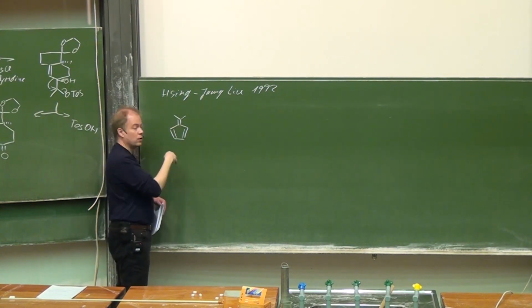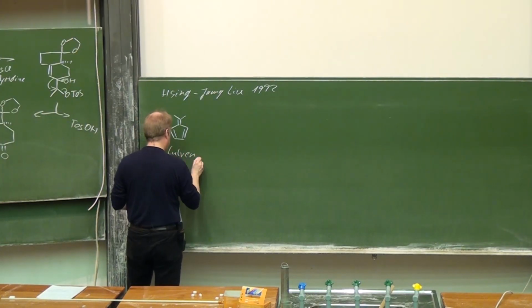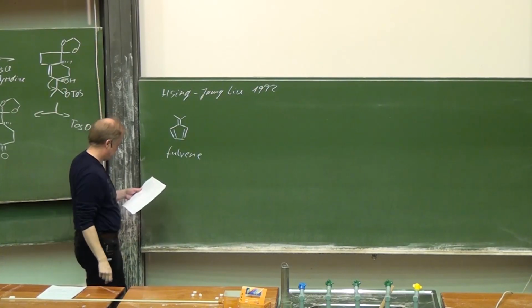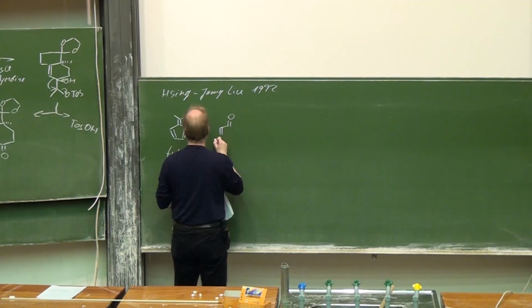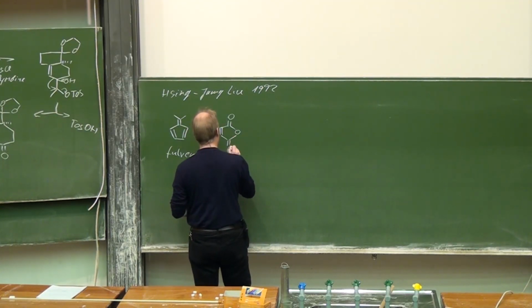And these types of structures are called fulvenes. This is a fulvene, dimethylfulvene. Cheap compound.